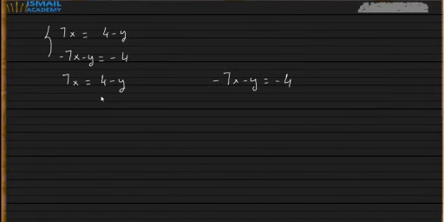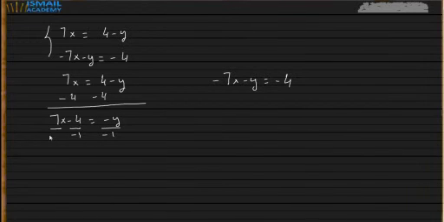So here I subtract 4 from both sides. So 7x minus 4 equals minus y. Then divide by minus 1 on both sides. So I get minus 7x plus 4 equals y.